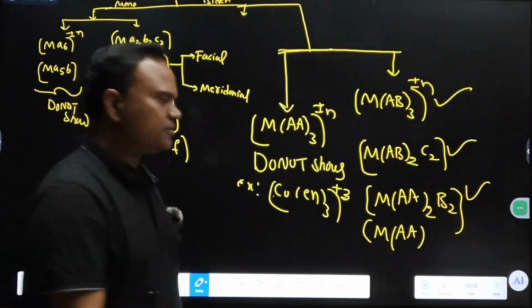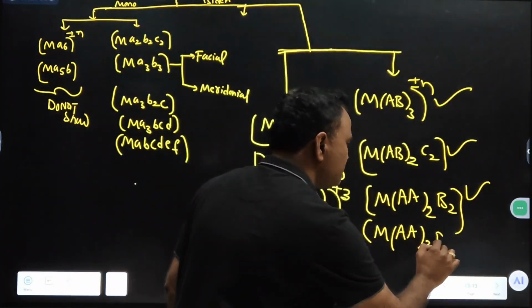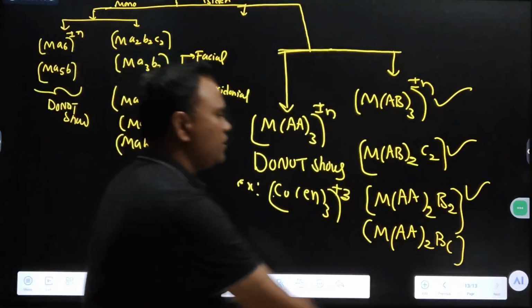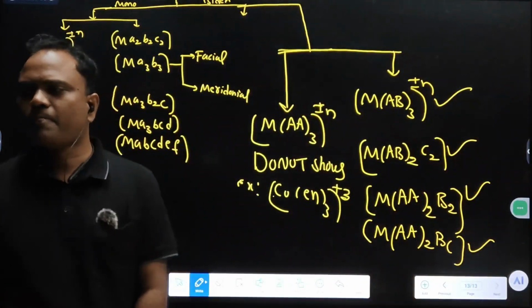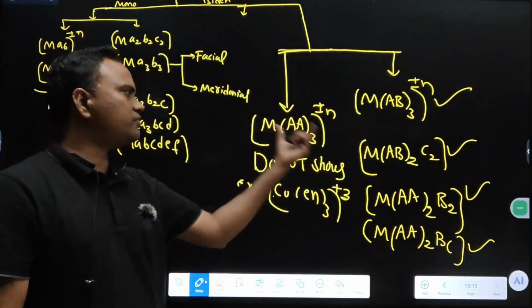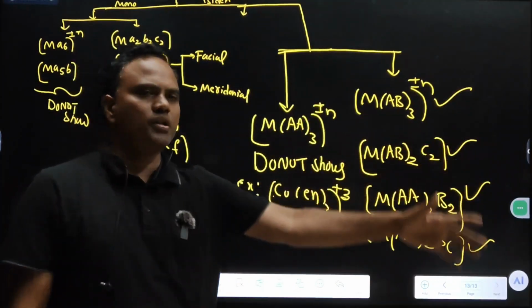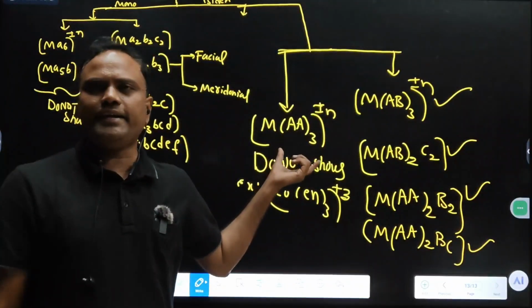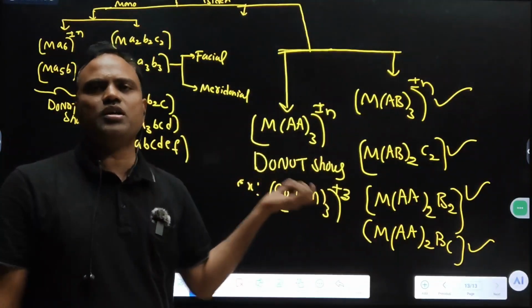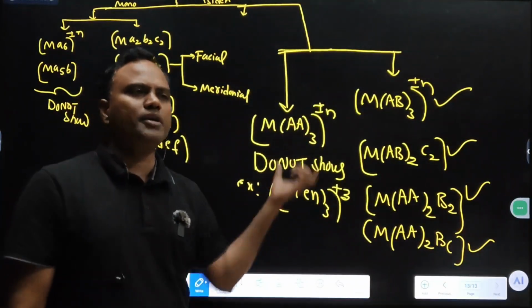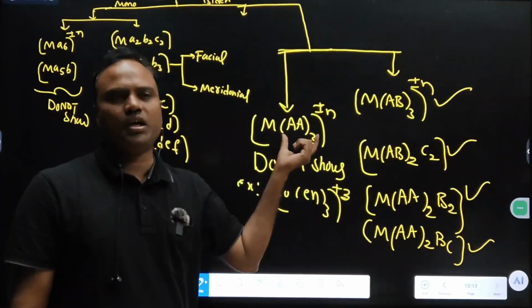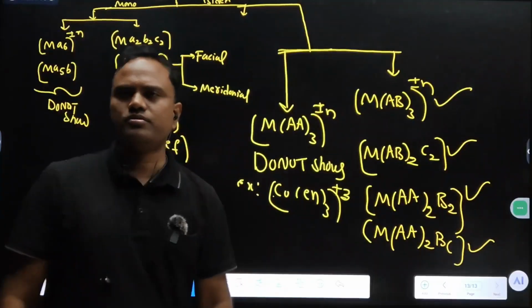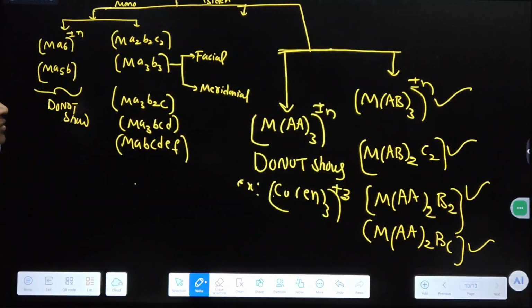The next class is very easy. MAA taken twice BC shows. And one more simple logic: if you remember this one simple category, the remaining all will show geometrical isomerism. In bidentate octahedral complexes with coordination number 6, which format does not show? MAA taken thrice with similar ligands is not possible. Remaining all will show. Okay?